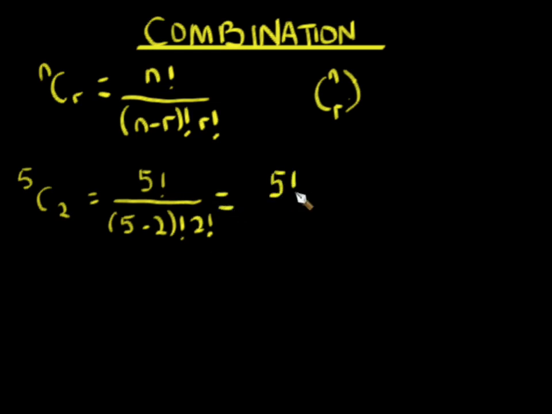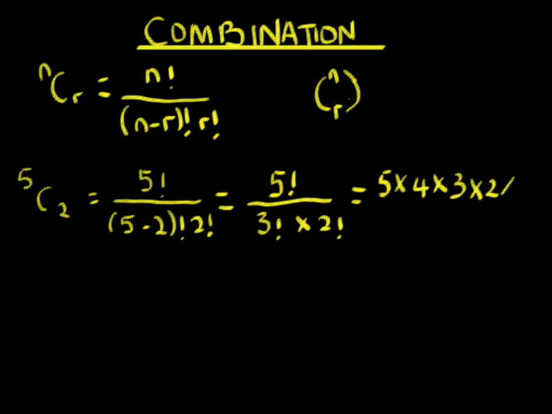5 factorial. Now at the denominator here we have 5 minus 2, so that gives us 3. 3 factorial multiplied by 2 factorial. Now in opening up 5 factorial from the previous video, you would know that this would give us 5 times 4 times 3 times 2 times 1.